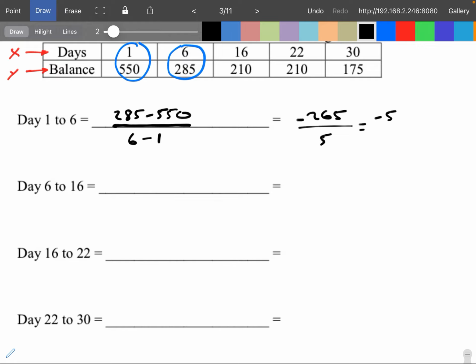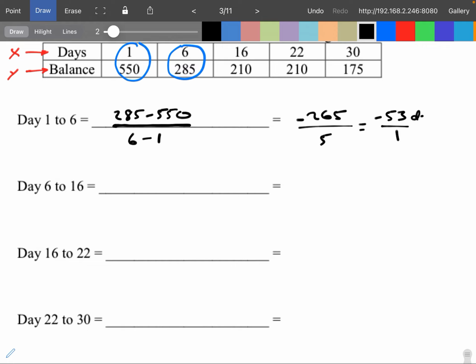So we get negative 265 over 6 minus 1, which is 5. And then you're going to want to divide that out on the calculator. So 265 divided by 5, and we get negative 53 over 1.